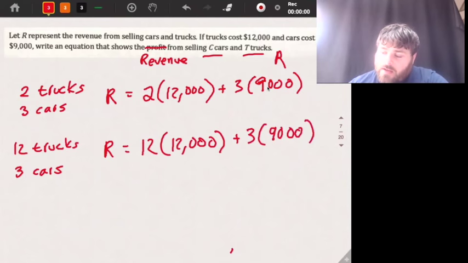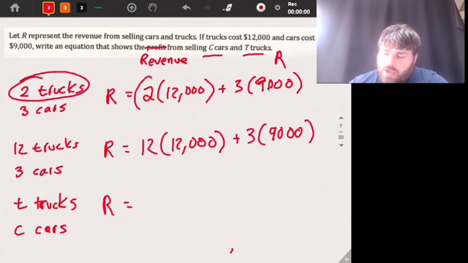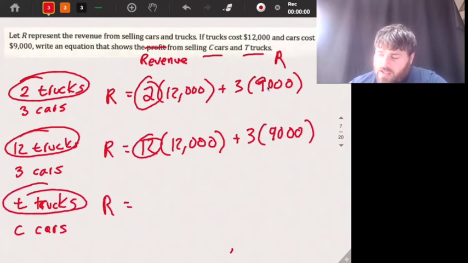What if I did T trucks and C cars? So this is the whole point. What is it going to look like when they're just variables? Well, the equation is going to be the same structure, right? Trucks was 2, this 2 is right here. When trucks was 12, the 12 is right here. When trucks is T, the T is going to go right here.